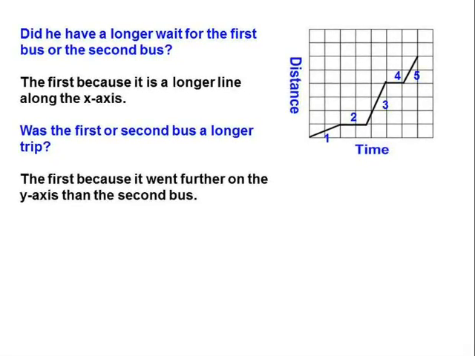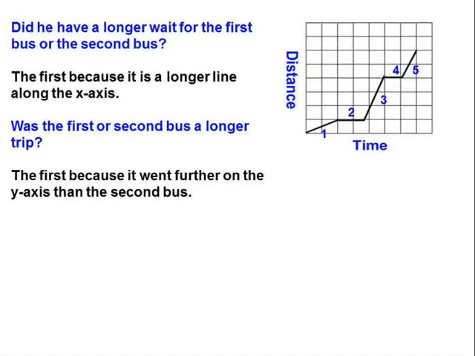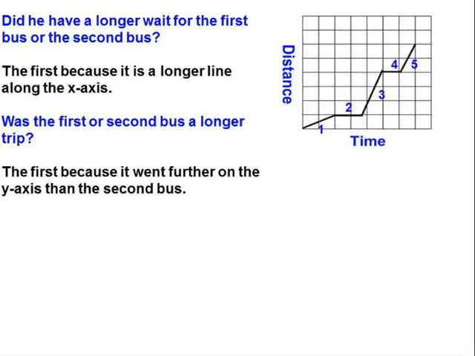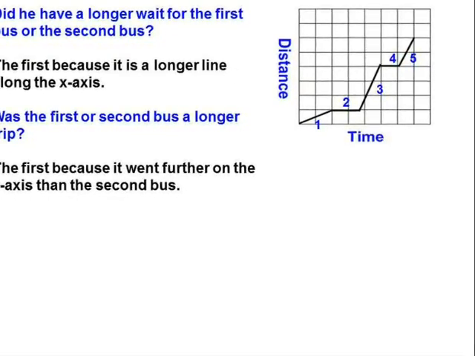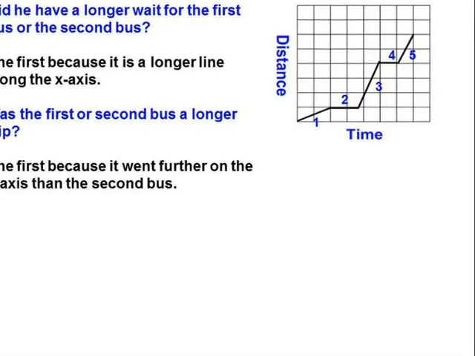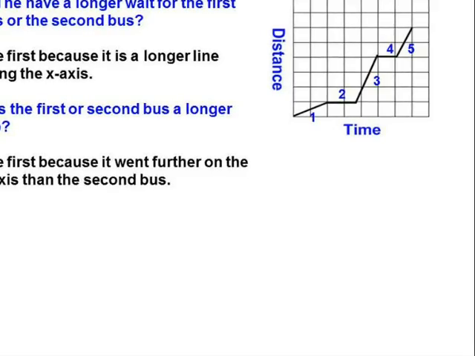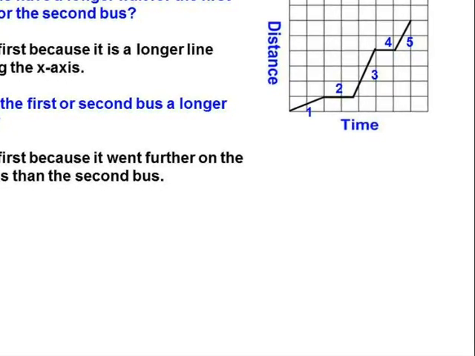Did he have a longer wait for the first bus or the second bus? Now, remember, the first bus is when he waited was at number 2, and the second bus when he waited was at number 4. So the answer there is the first bus, because it is a longer line on the x-axis compared to number 4. All right?